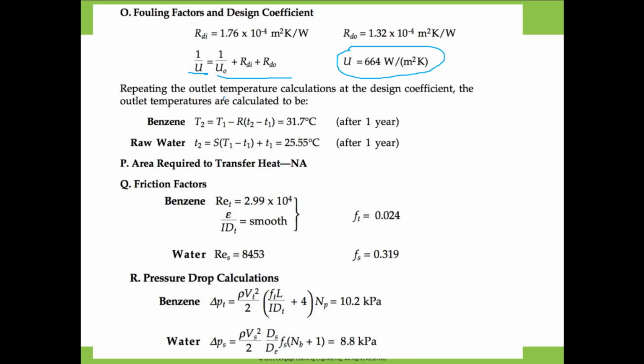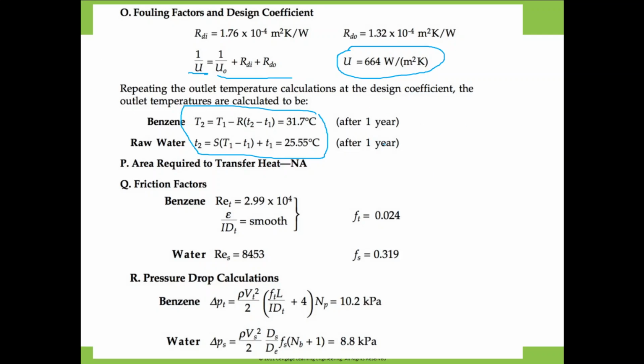When you calculate them, they come out to be 37.1 and 25.5 degrees Celsius. So when you have taken into account the fouling factor, that means your heat exchanger will give this performance even after 1 year. So here we complete the thermal analysis of the heat exchanger.